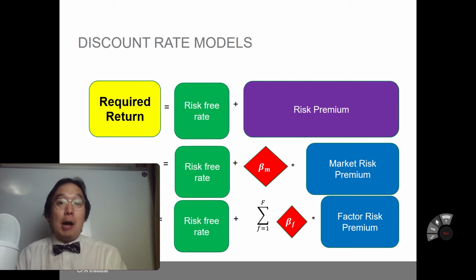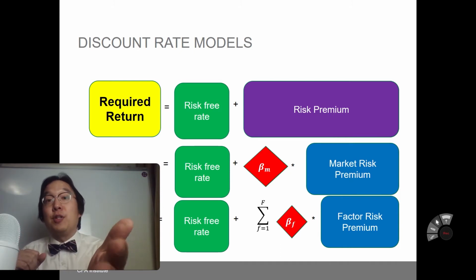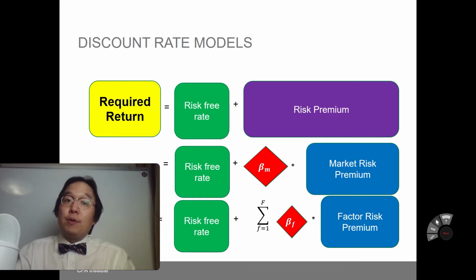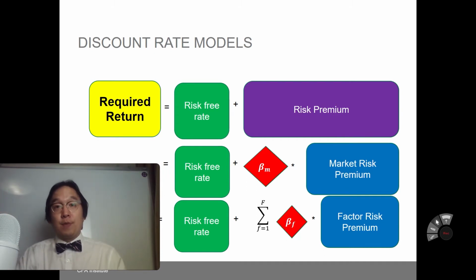As long as your investment opportunity is riskier than this risk-free asset, I want to get compensated somewhat more than what I could expect from a risk-free investment. So I want some risk premium.